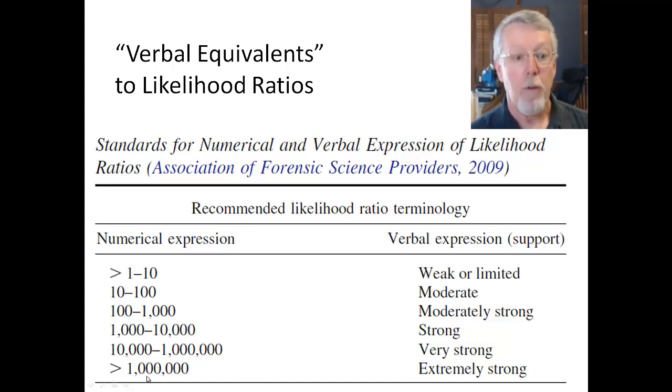If the likelihood ratio is over 1 million, as it might be in a DNA case, the expert can say that provides extremely strong support for the hypothesis of common source of the two items being compared. If it were between 10,000 and 1 million, very strong support. If it were 100 to 1,000, moderately strong support.